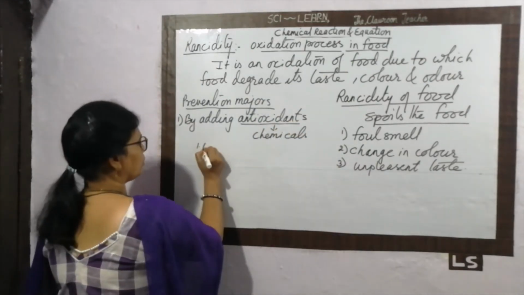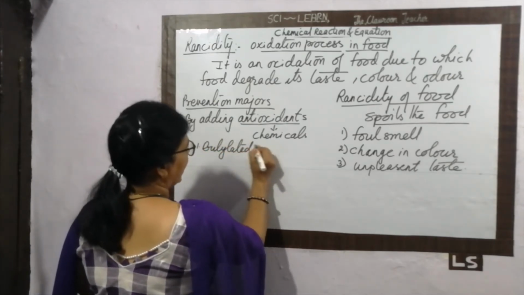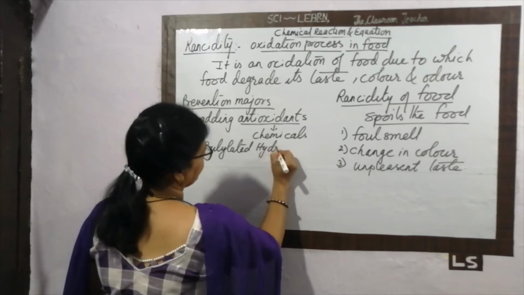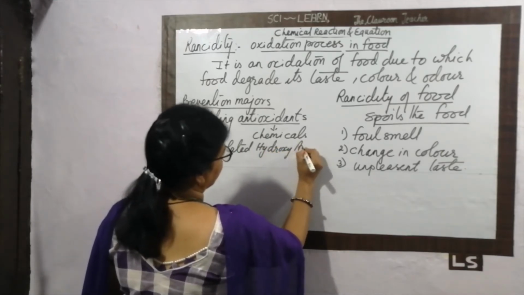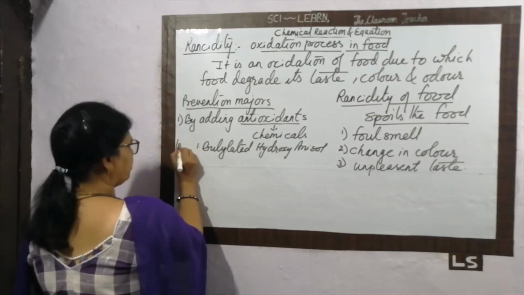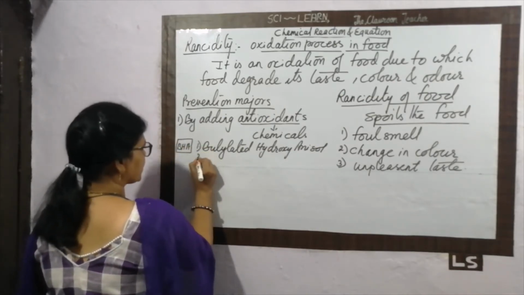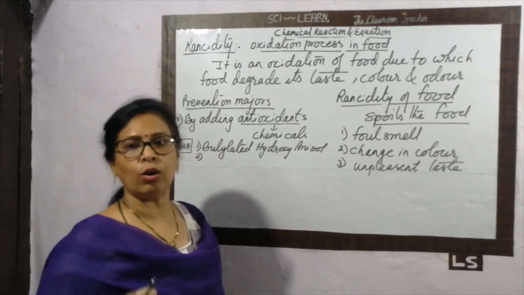First is butylated hydroxyanisole. In short, we call it BHA. This is the first chemical which is used as an antioxidant.